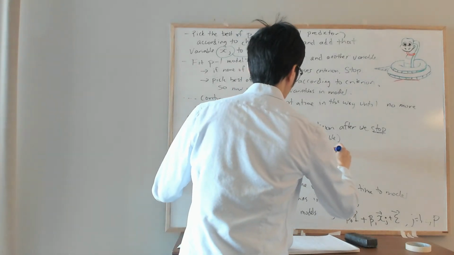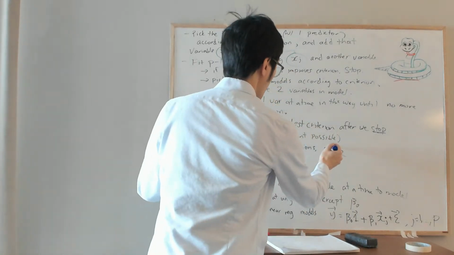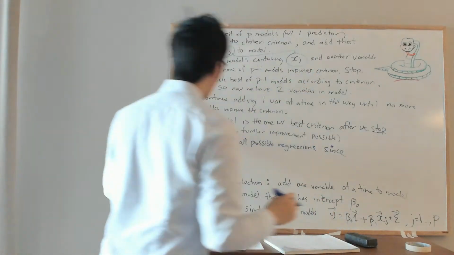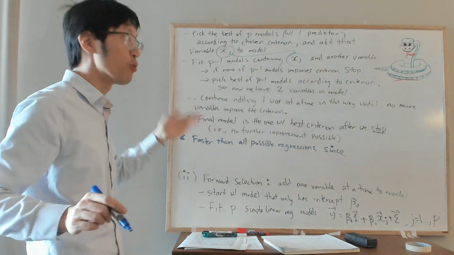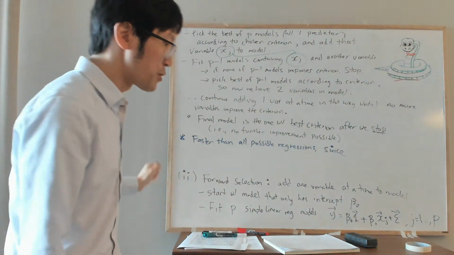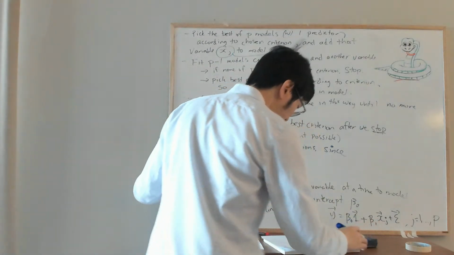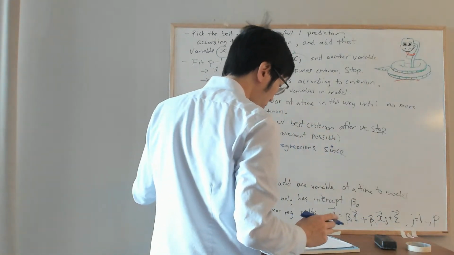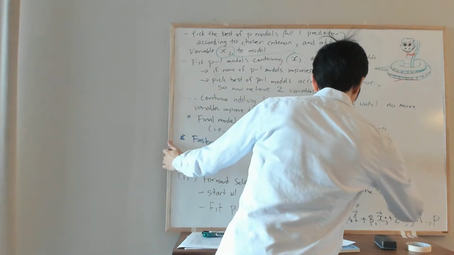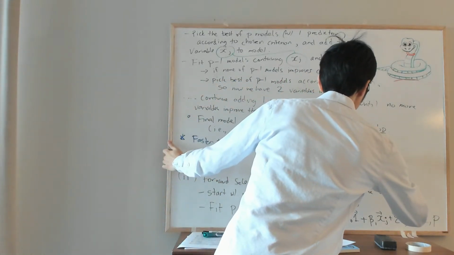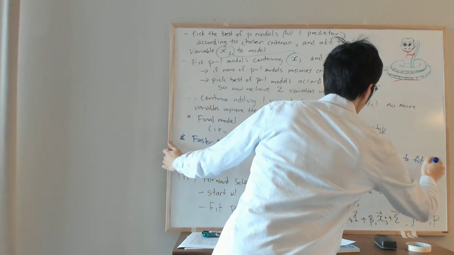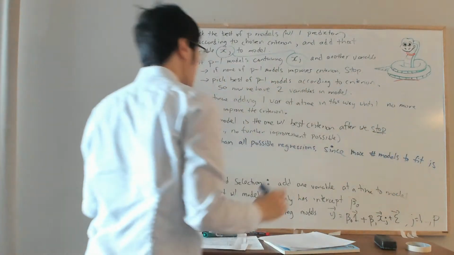So let's do a quick computational complexity analysis. How many models do we have to fit at most if we follow the forward selection procedure? Let's just count. The maximum number of models to fit is, so how many things are we fitting?